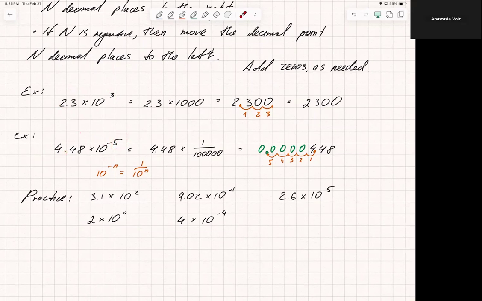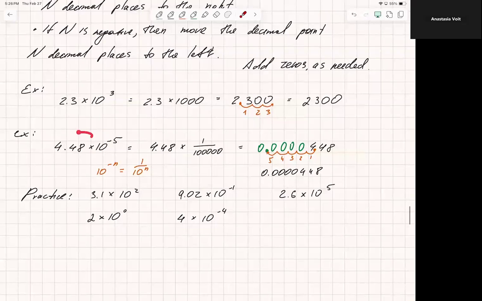So we start with 4.48, and then we move 1, 2, 3, 4, 5, and all the empty spaces we fill up with zeros. In regular notation, the answer would be 0.0000448. So these are two equal values. Let me write it here.